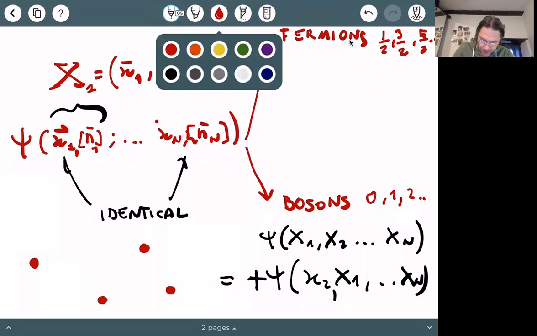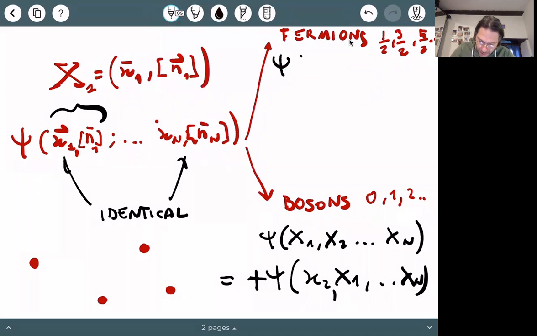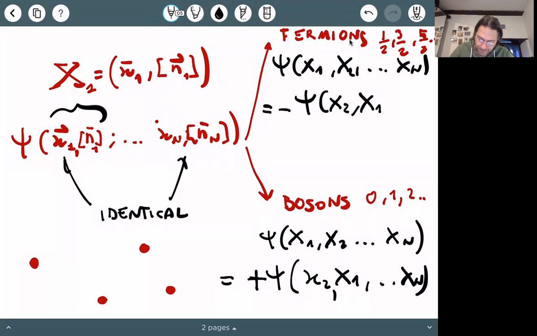Because if you have a wave function of fermions and you interchange two particles, here as an example I'm taking particle 1 and particle 2, but I could take any possible combination, well, magically and mysteriously, the wave function changes sign.